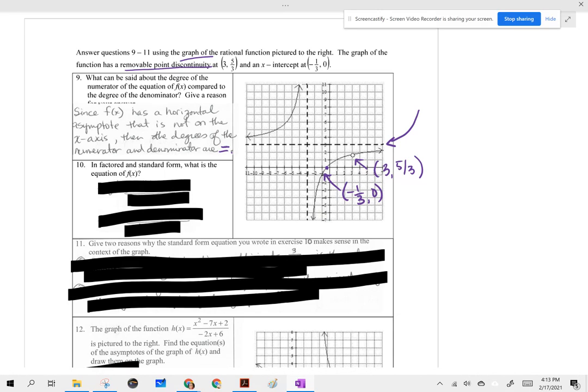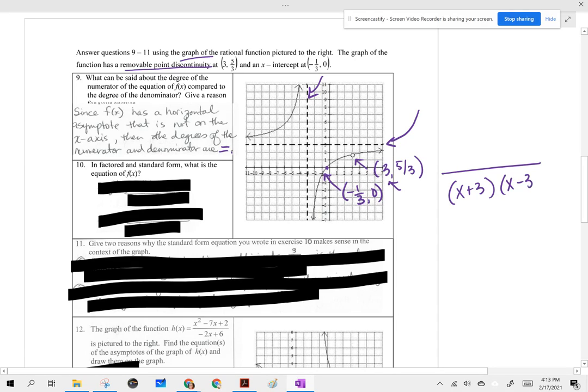All right, in factored form, the way that we are going to be able to quickly identify the factored form, number one, would be to identify the asymptote. Well, the asymptote is at -3, so that's x plus 3. The hole is at x equals 3, so that's x minus 3 on top and bottom. And then we've got our x-intercept.